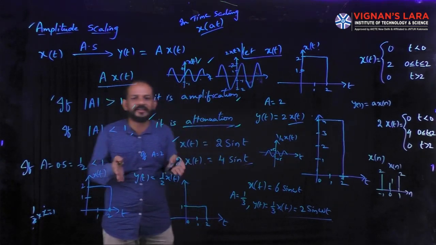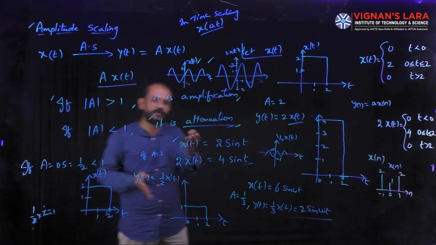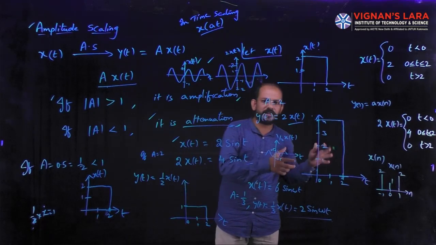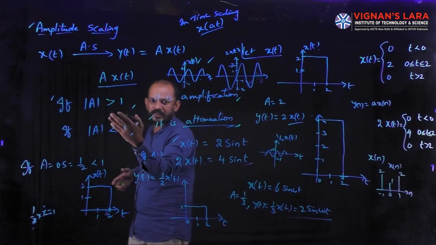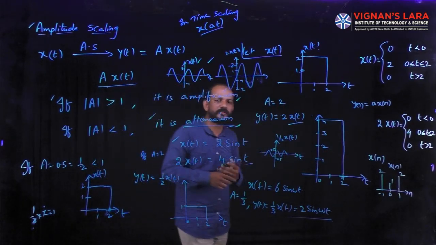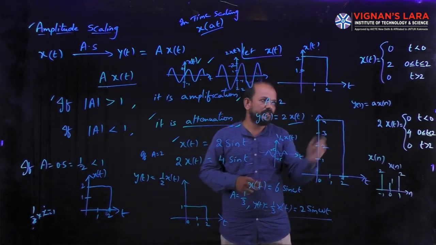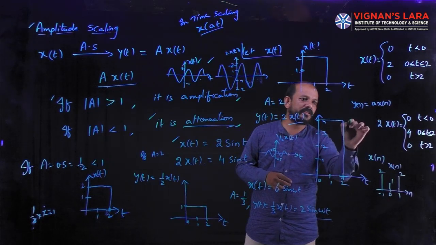If mod of small a is less than 1, then it will go for attenuation. The concept is the same for continuous time signal and discrete time. Here the continuous time variable t will be there, and there we have the discrete time variable n. That is the only change. So y of n equal to a into x of n.